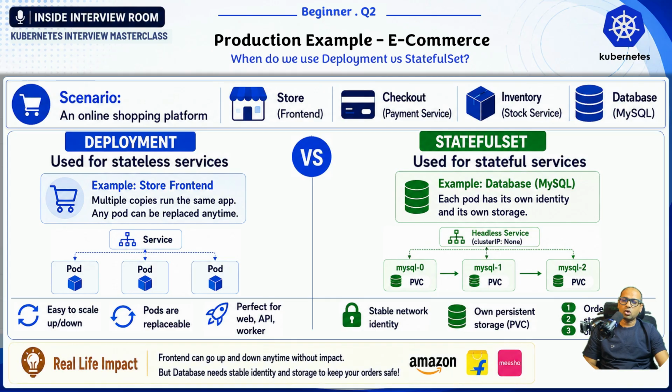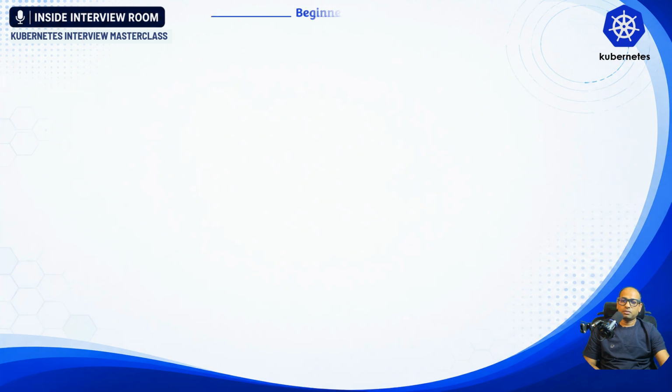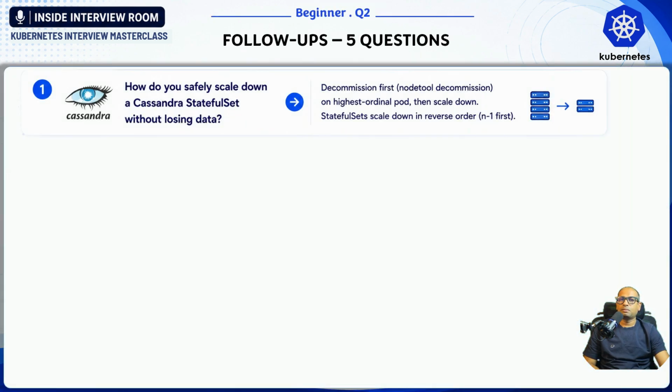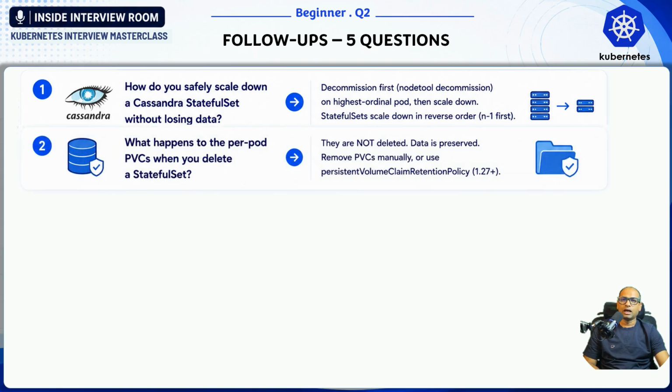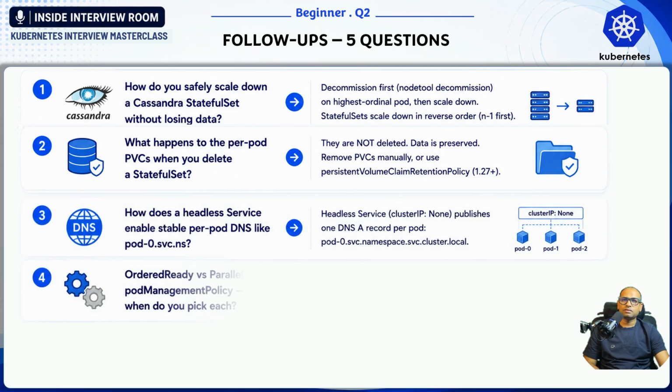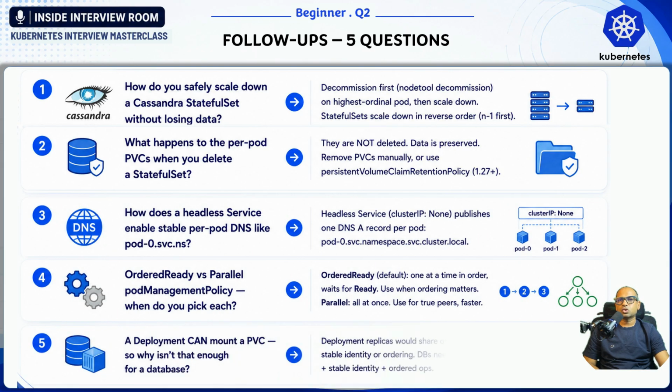Frontend can go up and down anytime without impact, but the database needs stable identity and storage to keep your orders. Follow-up questions: these are the 5 follow-up questions that you can provide short answers to, which are available in the question and answer. Mostly these questions are asked as follow-ups, for the PVC and storage class.